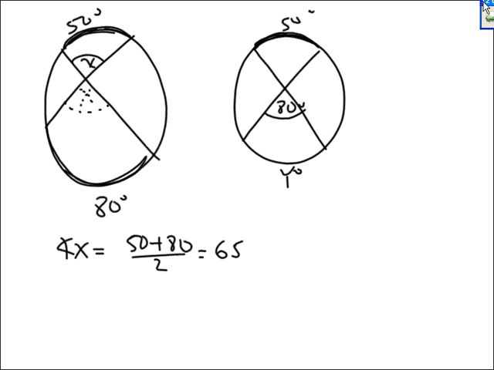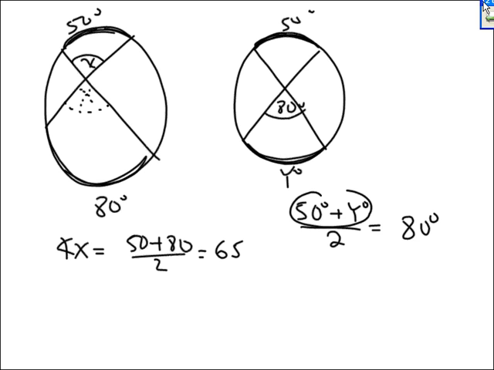And 80 degrees, I think that one's obvious. When I talk about Y degrees, I mean this. Well, just like the last problem, you add up the arcs, opposite arcs, and you divide by 2, and you get the angle, 80 degrees.